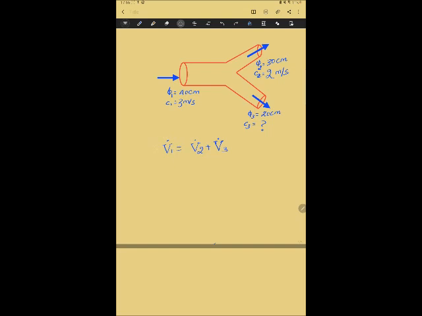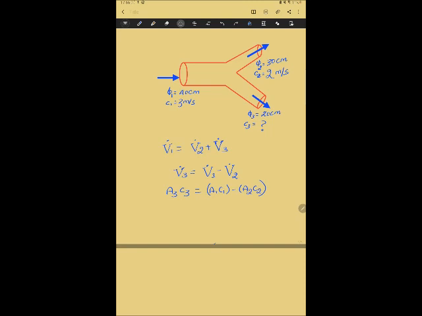Otherwise, the volumetric flow rate in section 1 would equal the volumetric flow rate at section 2 plus section 3. I'm just rearranging the equation because we need the velocity 3. So V3 dot equals V1 dot minus V2 dot, as V2 goes to the other side and becomes negative.